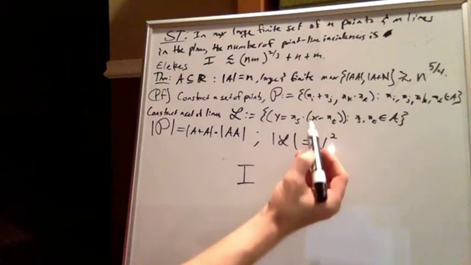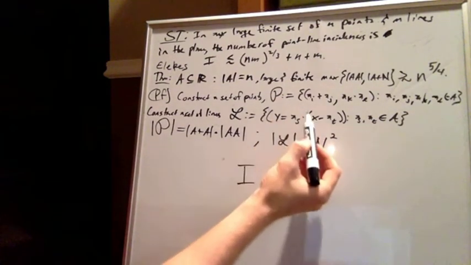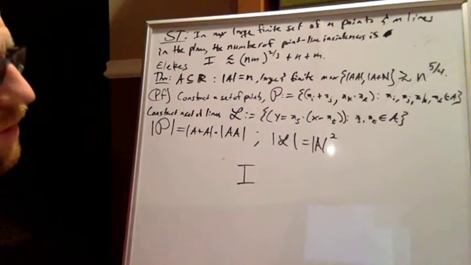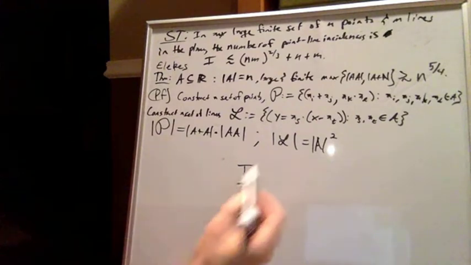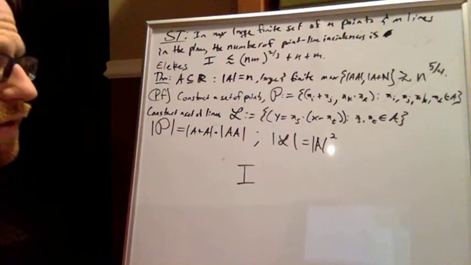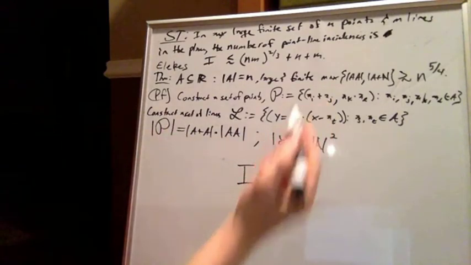Well, for every input of x, which is of the form AT plus an element of A, I'm going to get elements x and y that are in my point set.